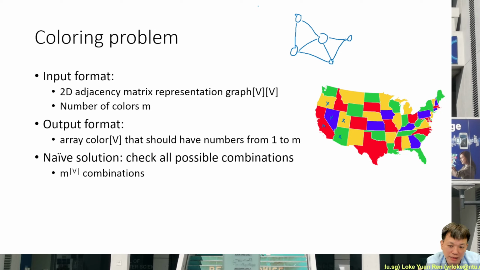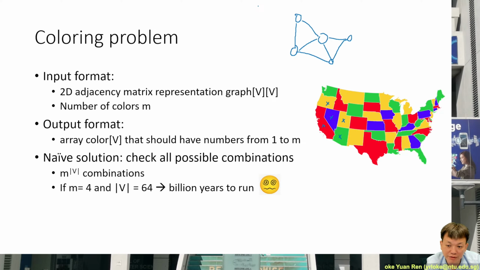So it's n to the power of the number of vertices you have. So if you have 4 colors, 64 vertices is 4 to the power of 64. It's something like 10 to the power of 38 if I remember correctly. That is a lot. The computation time is very expensive.